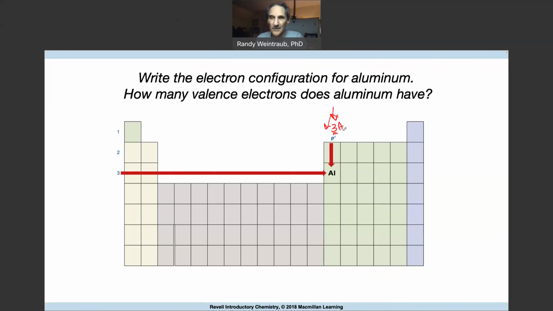To write the full configuration, we would start out with the noble gas in the immediate period before, which is neon. And after neon, we'd have 3s2. Then we'd move to 3p, and that completes the electron configuration for aluminum.